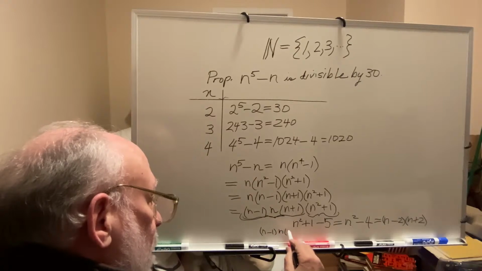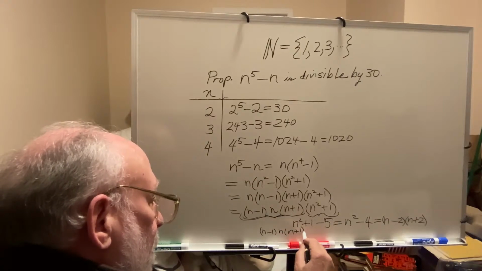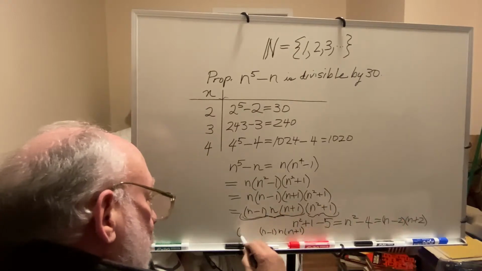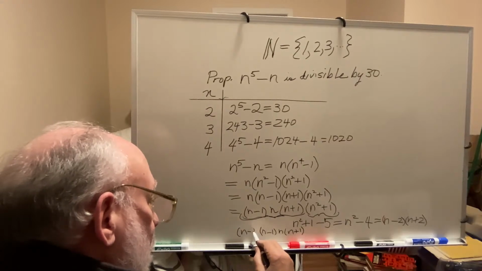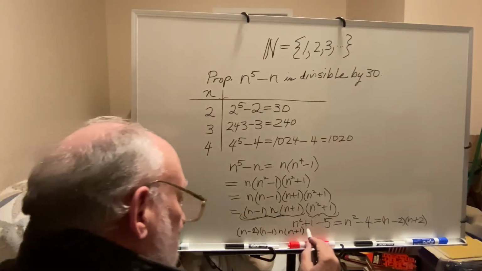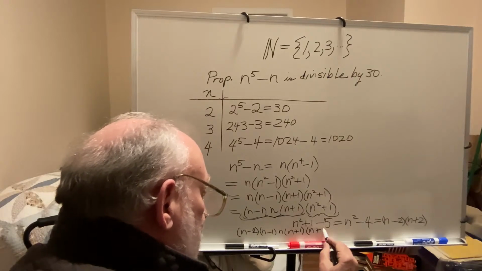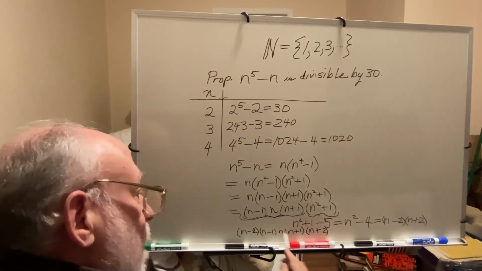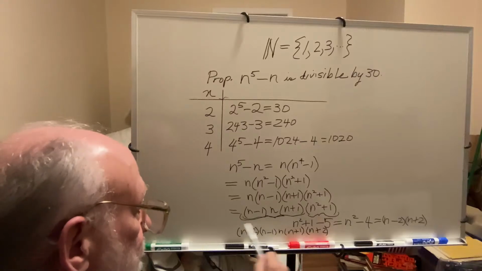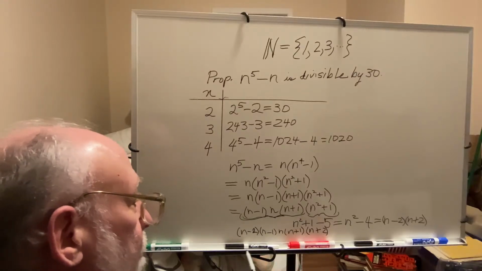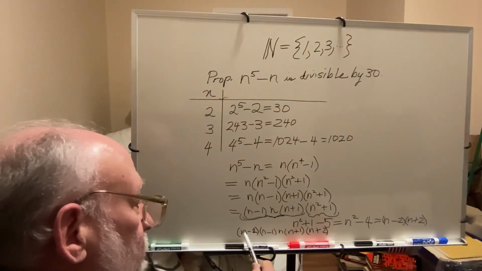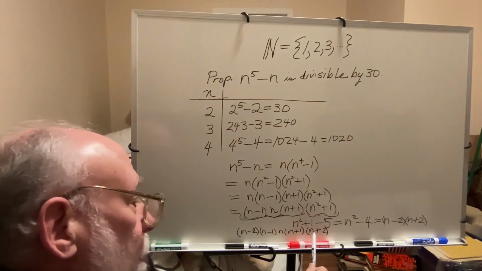So now you have these 3 in the middle here, and we put these on the outside. So here's the way we reason. Here we have 5 consecutive numbers. So one of these numbers must be divisible by 5.